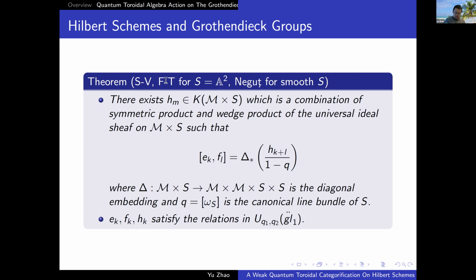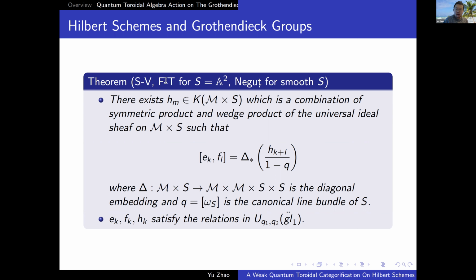Moreover, we can prove that the operators E_k, F_k, and H_l satisfy the relations in the quantum toroidal algebra. So from now we know that the quantum toroidal algebra acts on the Grothendieck group of any algebraic surface. Okay, any question?